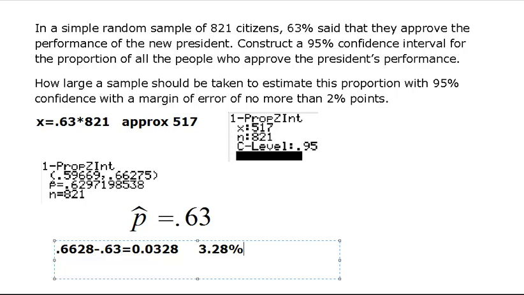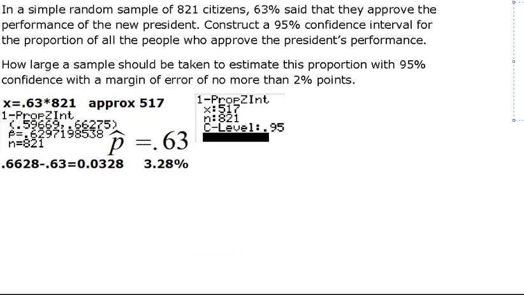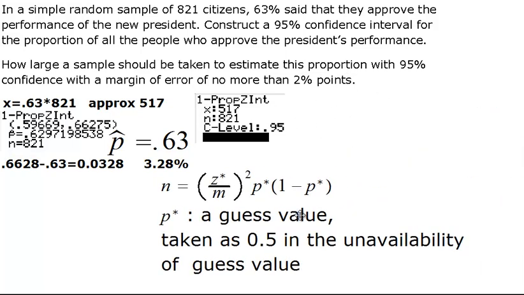So here the calculation will go very much similarly along the lines of the population mean, but with some different style. So here in the second part we have to determine the sample size for a margin of error of no more than 2% or 0.02 points.